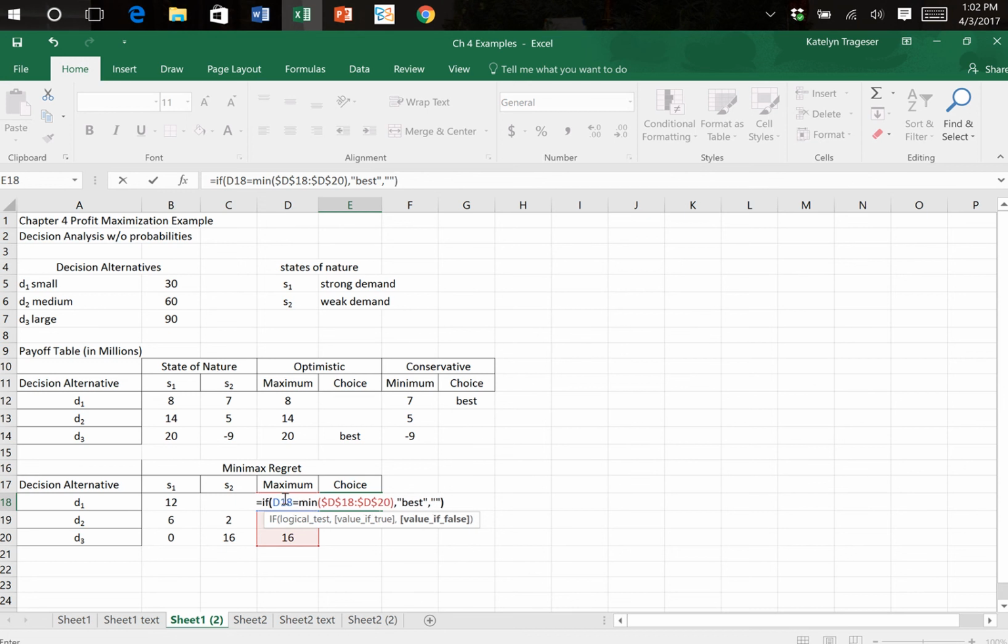If not, I don't want anything there. So again, just looking at this, we only have 3 options. When I drag this formula down, we can expect to see the word best by 6 because 6 is our minimum.